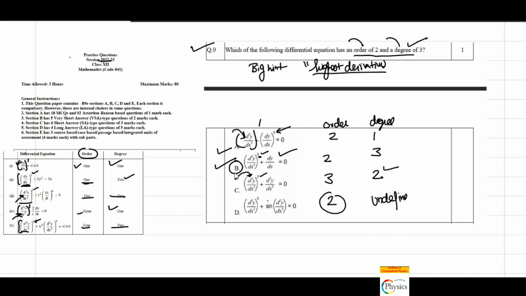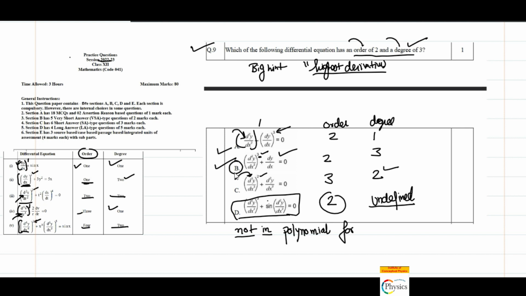Part 4, if you notice, has the answer as no degree defined because this particular differential equation is not in polynomial form.